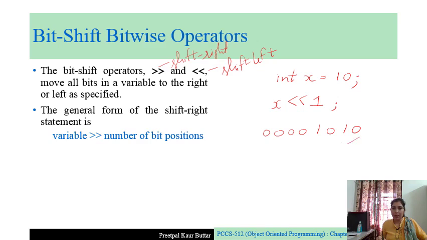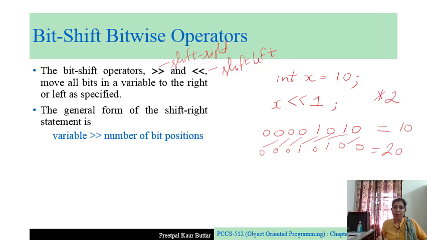This 0 will shift here, this 1 will come here, this 0 will come here, this 1 will come here, 0 0 0, and here we will insert a 0. So the original value was 10, the new value is 20. So this operation results in multiplication by 2.